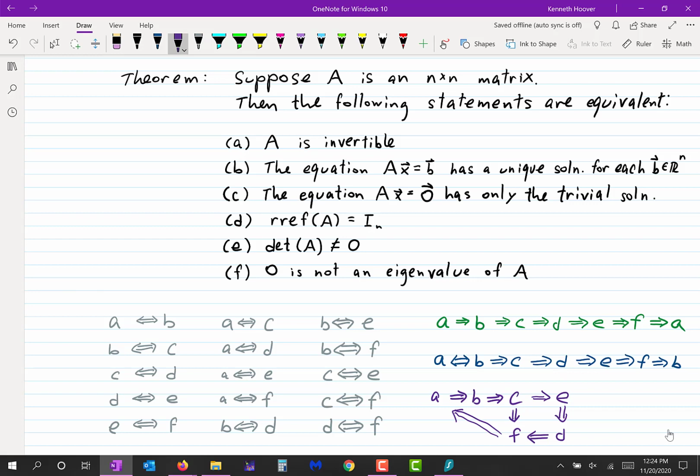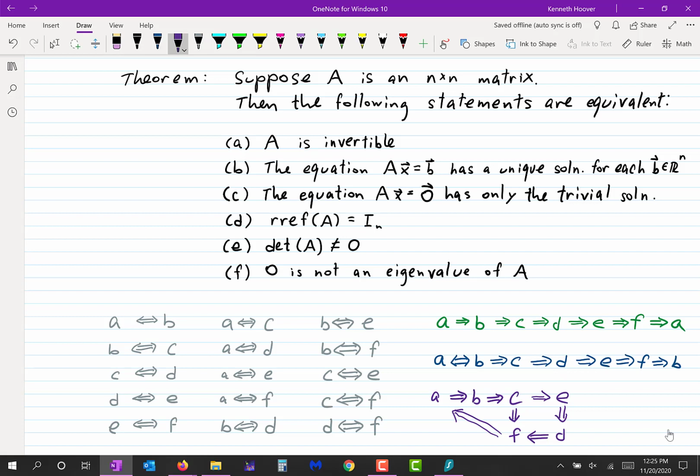It's just that there's more stones across the stream. The smallest case, when there's 2 statements and it's just a simple biconditional, then that's just the 2 banks of the stream, and you just have to be able to step across the stream in one direction and show that you can step back in the other direction.